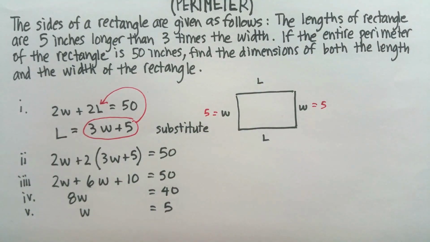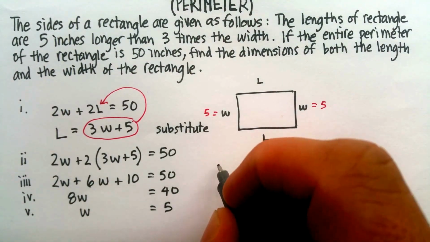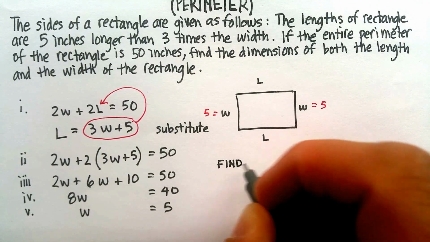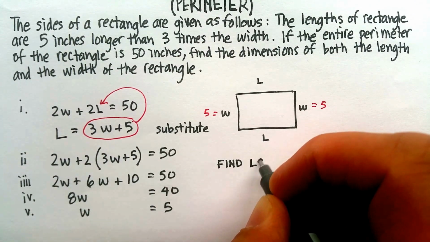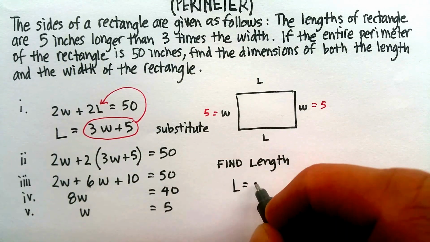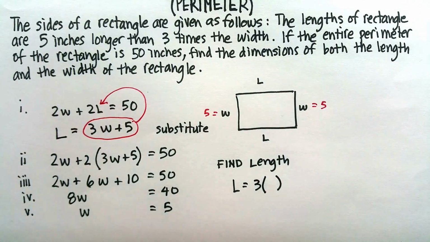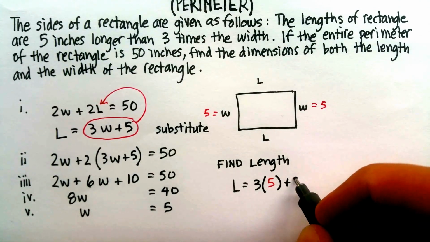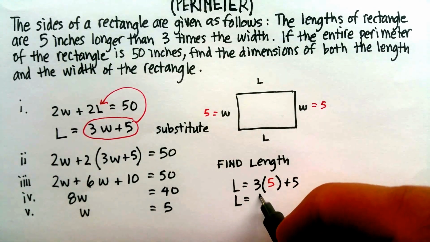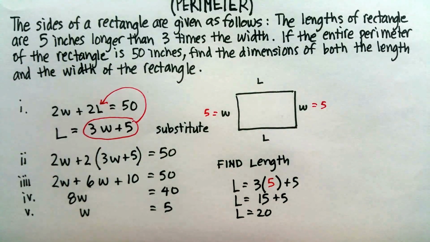If my W is 5, let's go back up to the original equation and find the length. So I would say length is equal to 3 times, we just said that was 5, so let's substitute 5 into the W, plus 5 again, and that gives me length is equal to 15 plus 5, or 20.